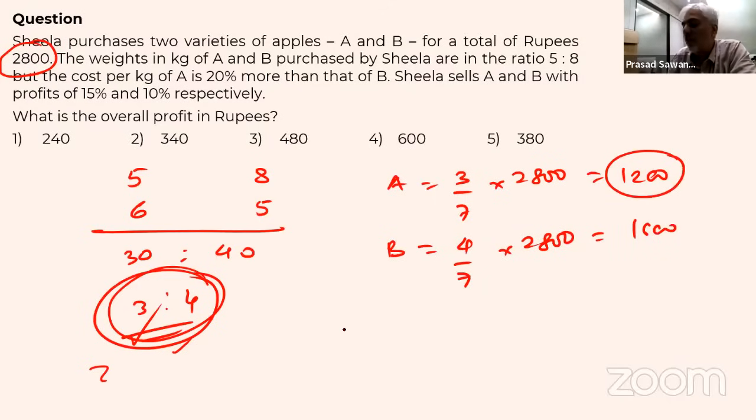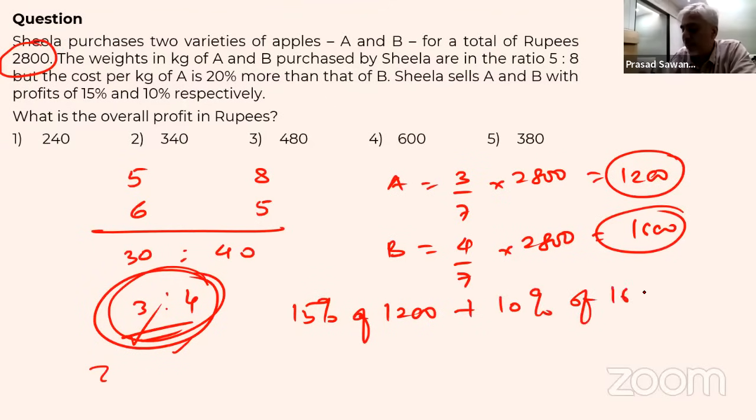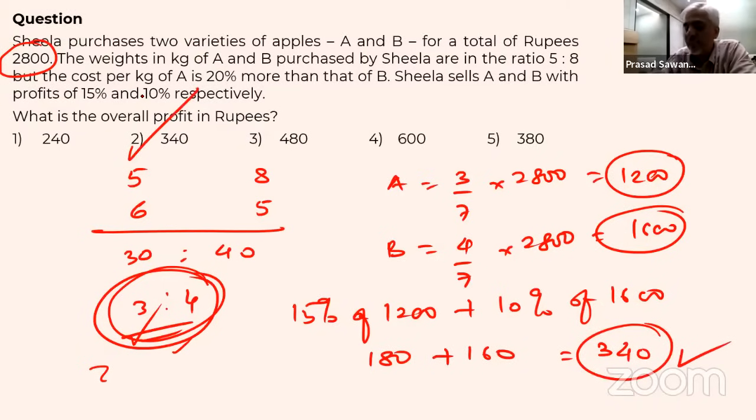On this, there's a profit of 15%, 15% of 1,200, and on this, there's a profit of 10%, 10% of 1,600. This is 180 rupees. This is 160 rupees. The answer is 340, which is the second option. Regular approach. But again, you need to be smart and you need to use better approaches.